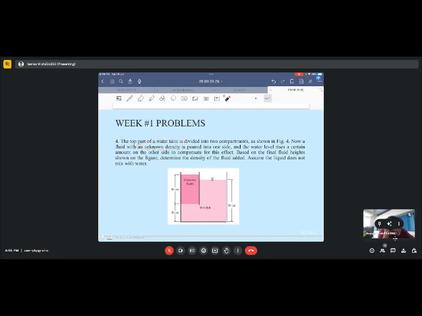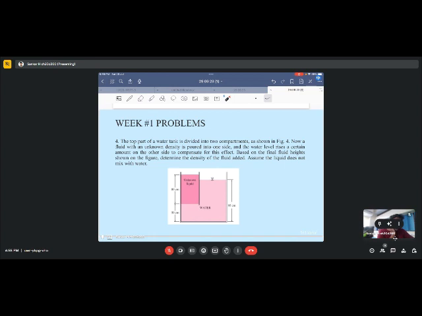Now, fluid with an unknown density is poured onto one side, and the water level rises a certain amount on the other side to compensate for this effect. Based on the final fluid heights shown on the figure, determine the density of the fluid added. Assume the liquid does not mix with water.